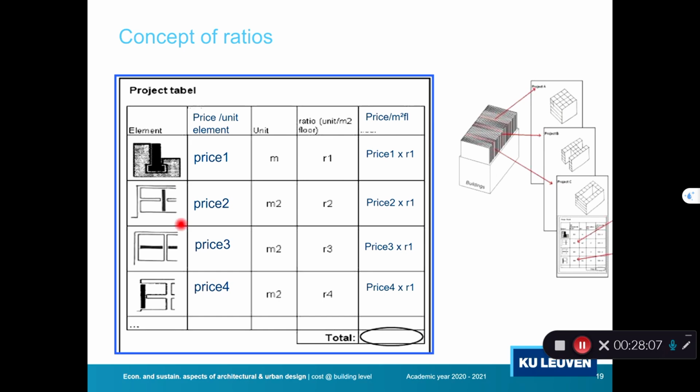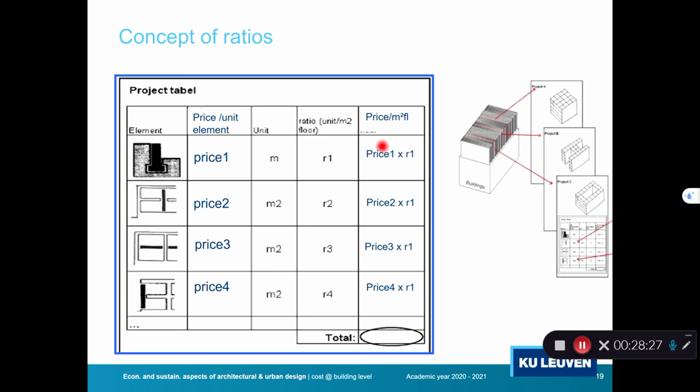By knowing the price and by knowing the ratio, we can calculate the price of a specific element per square meter floor area. And as the different floor areas of your buildings will differ, it is important to have this cost per square meter floor, because then we can compare the different projects.